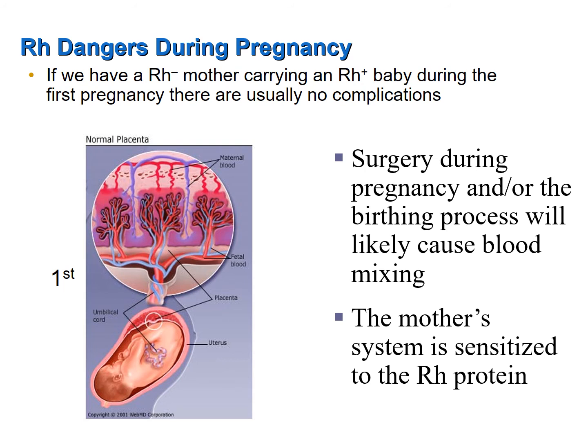If there was a surgery very early on in pregnancy, perhaps, but in general, not a problem. However, now the mother has essentially been vaccinated against the Rh protein and will begin making potentially large amounts of antibodies against the Rh protein.